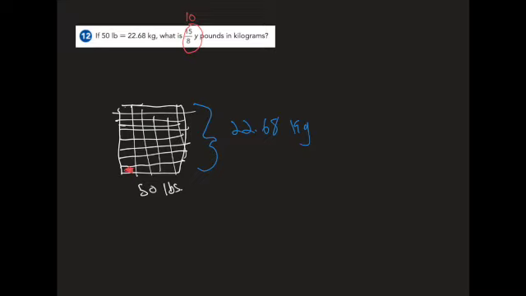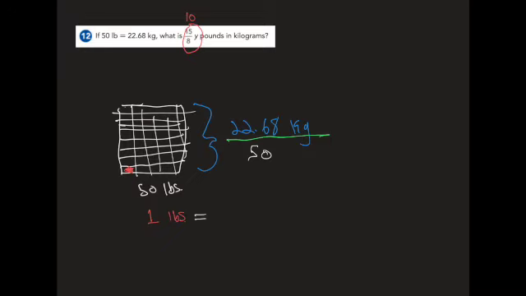So to figure out how much 1 pound is, you're going to divide this by 50. And that's your conversion rate.